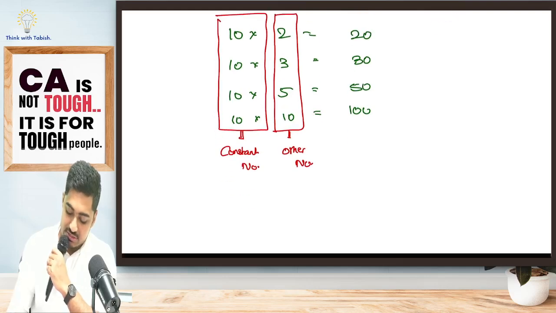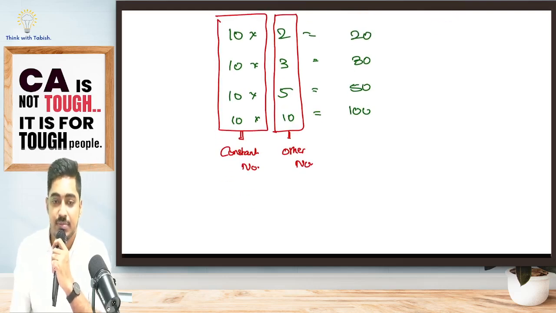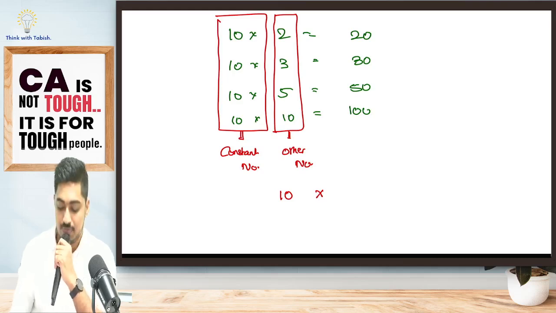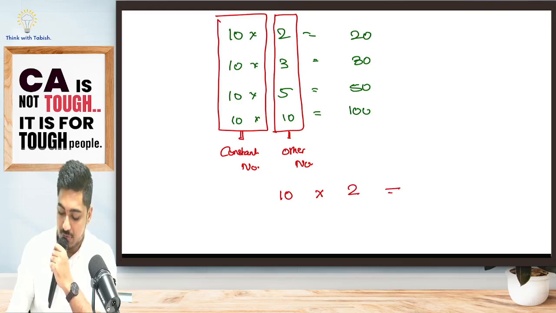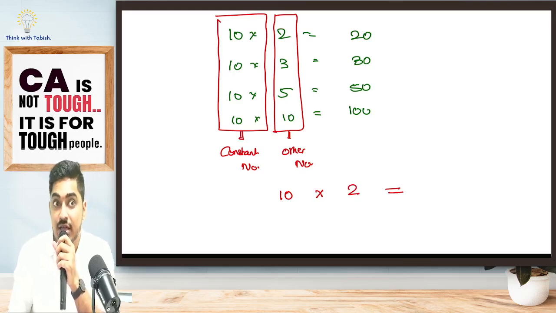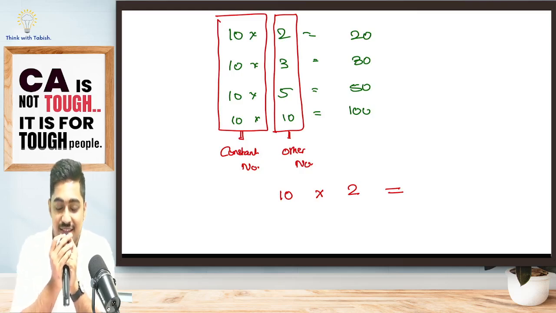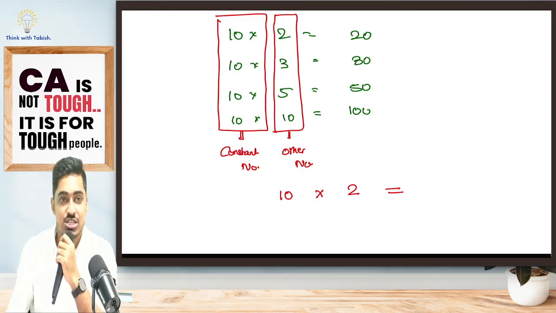Yes, everyone, all of you guys on your calculator. Press AC. Yes. 10. First, we will be writing the constant number, into 2, equals. Oh my God. What is it? Invention. Magic. No, wait. This is over. You got 20.